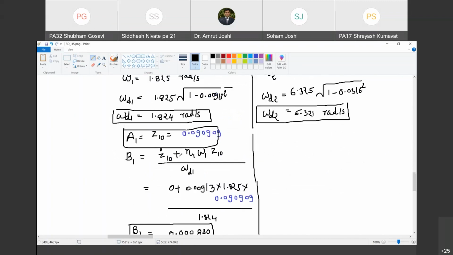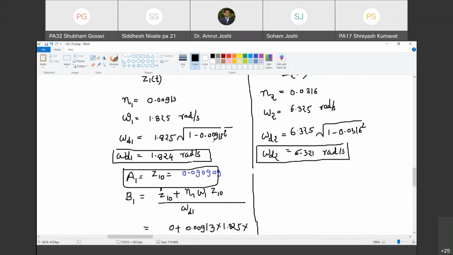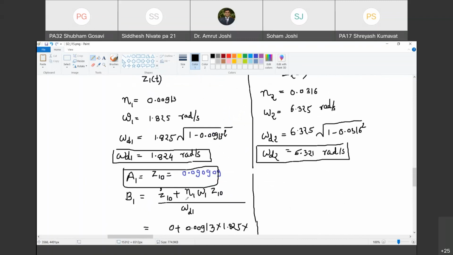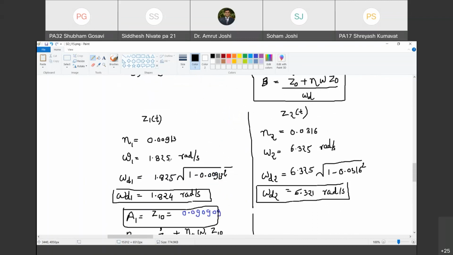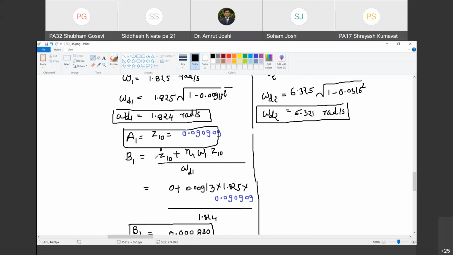E raised to, where is that eta? Yes, 0 point, so minus 0.00913 minus eta omega. This omega is now not omega d, it is omega 1, that is 1.825. 1.825, e raised to minus eta omega into t. Are you with me? This multiplied by a cos omega dt. So what is the value of a?